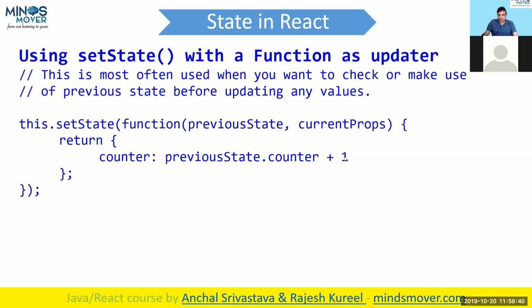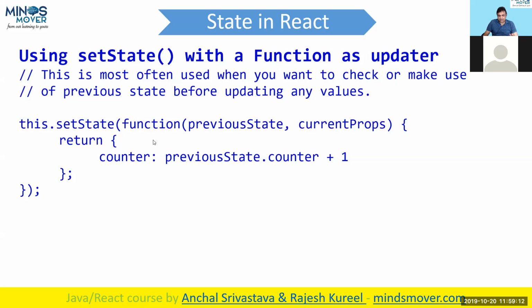Previous state counter and then counter plus one, but you can have multiple properties within the previous state, right? And you want all that data to be present here, and then based upon that you can do some manipulation, some calculations, and then finally set the state. So your previous state will be the same as what it was before this set method was called, right? It will not change.